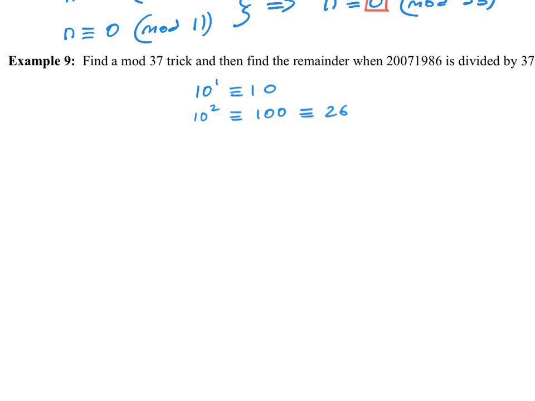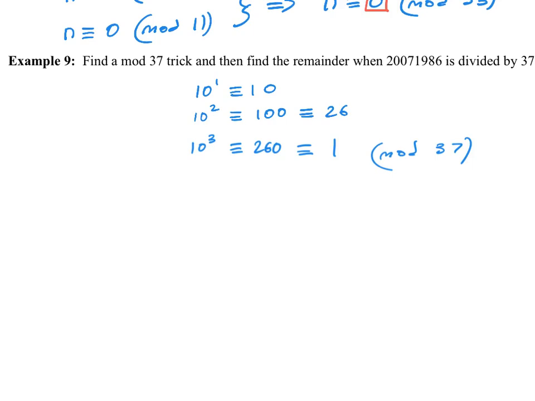And now 10 to the power of 3 would be 26 times 10, so 260, and that reduces to 1 in mod 37. So we're happy to stop here. And 10 to the power 3 is our nice power.